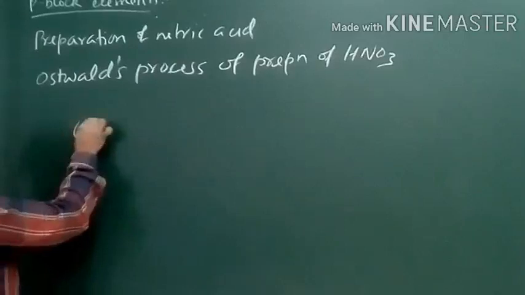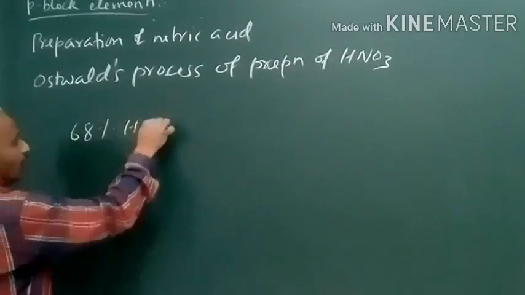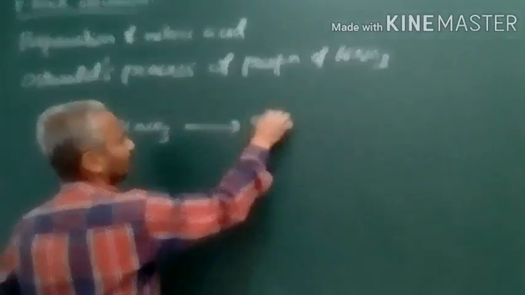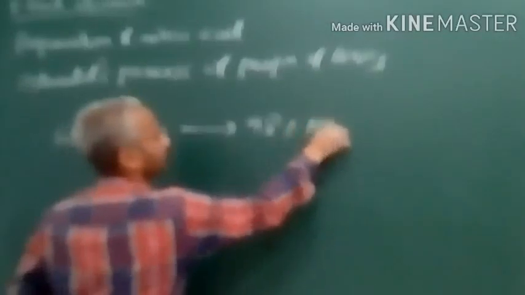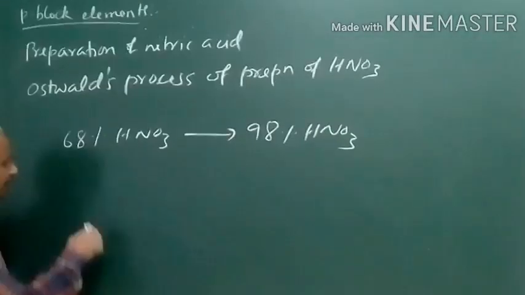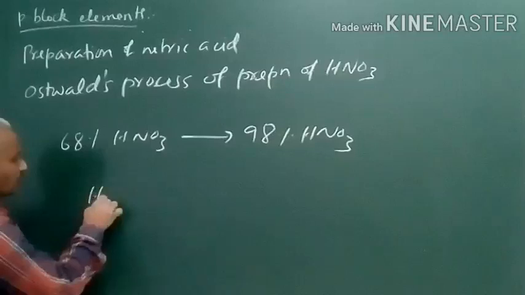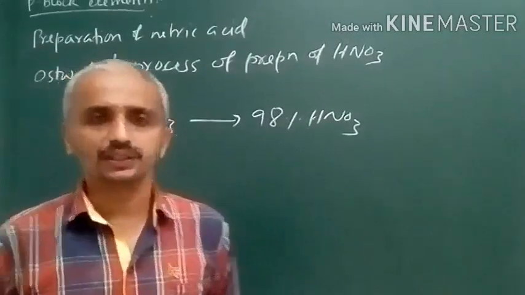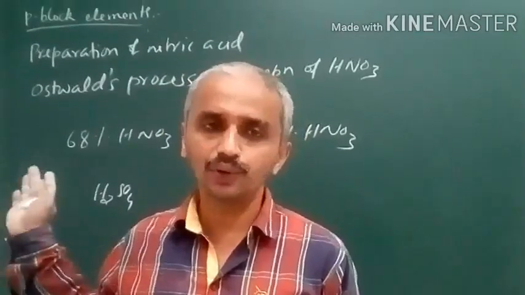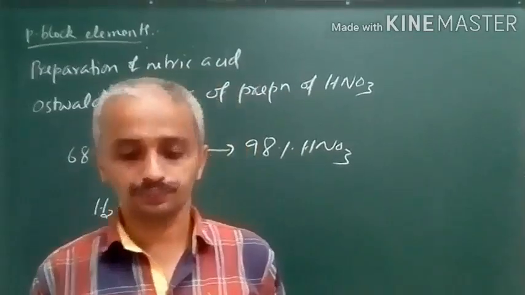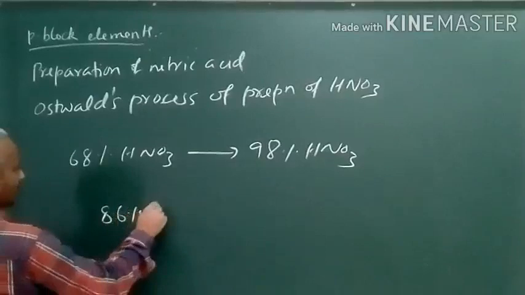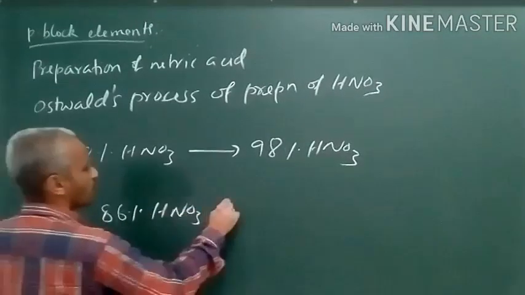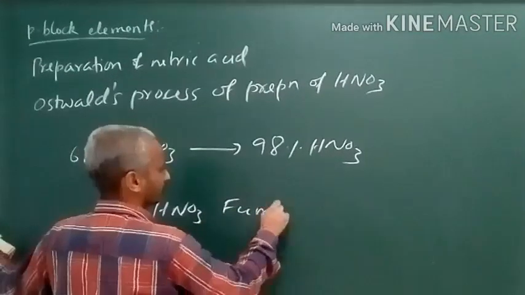Then, how do we get 98% HNO3 from 68% HNO3? Use the dehydrating agent sulfuric acid. When you use sulfuric acid and then distill, I can get 98%. 86% HNO3 is known as fuming nitric acid.